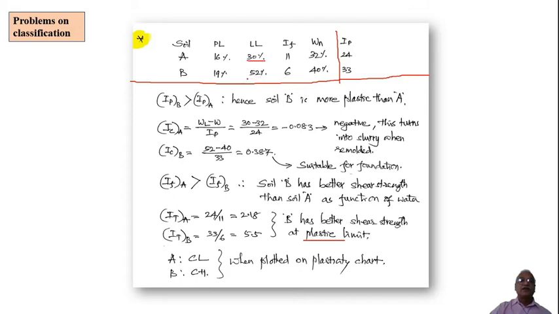In this case, liquid limit is going beyond 50, and beyond 50 it is high compressibility. Anyway, it is given to be clay data, so it is CH. So when plotted on the plasticity chart, you can classify A as CL, clay with low compressibility, and B as CH, that is clay with high compressibility. Okay.